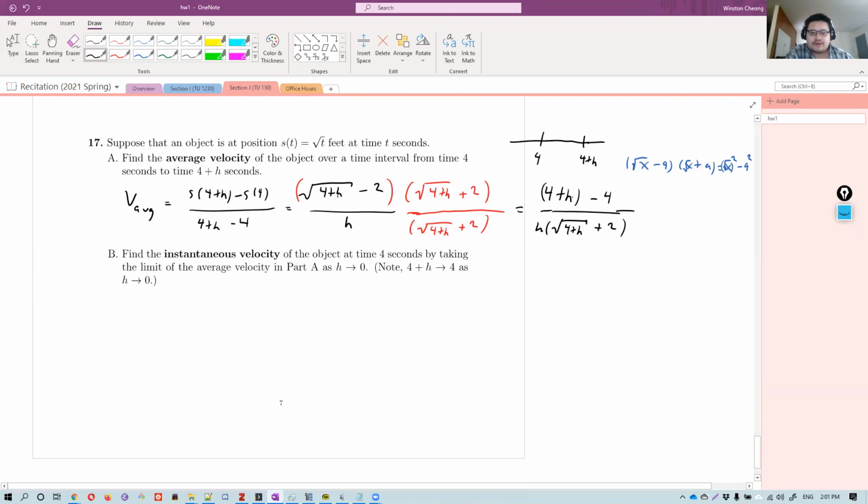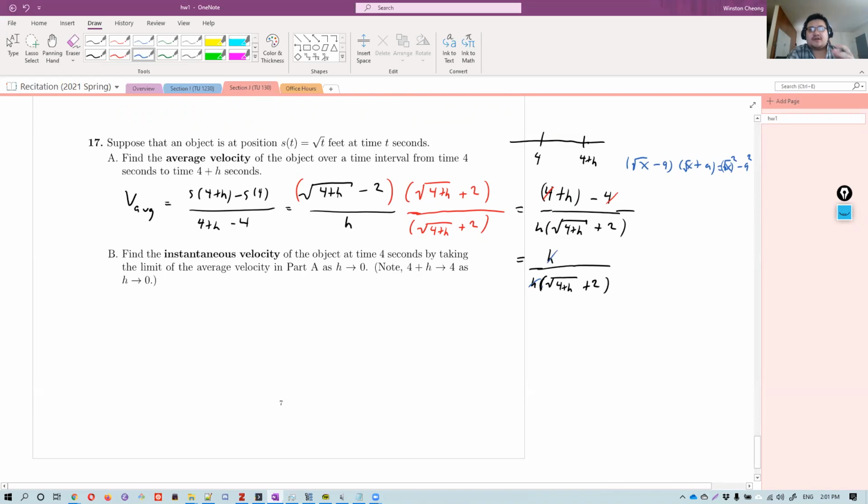Okay. So the next thing I would see is that we have a 4 and a minus 4, and those cancel each other. And then I would also see that you have an h and an h that cancel each other. What I'm going to do, though, is rewrite this, because I know that some people will make mistakes on this step. So I'm going to rewrite this. And then we have a cancellation here and here.